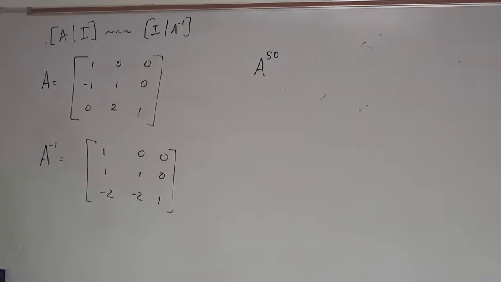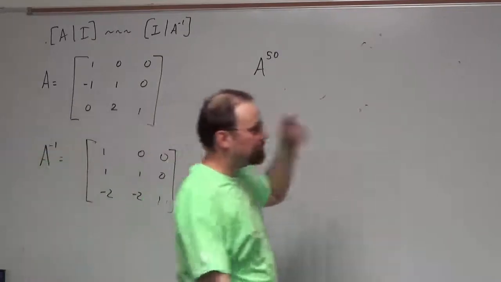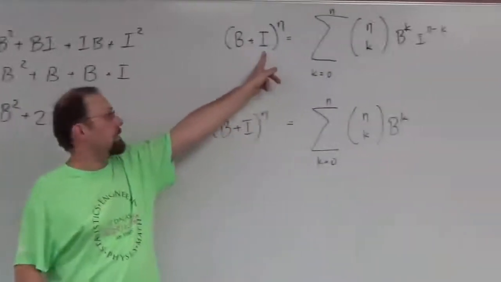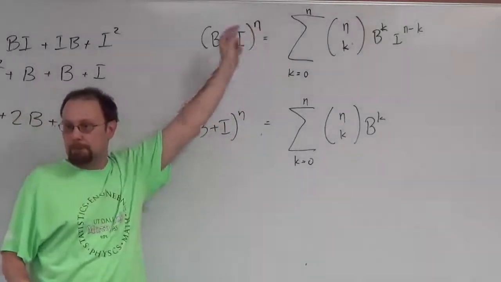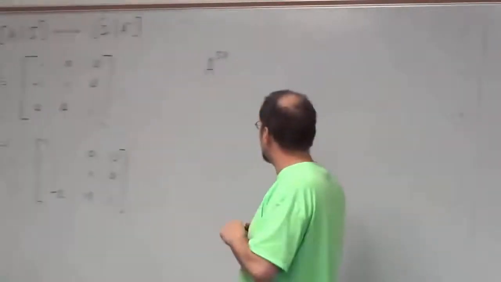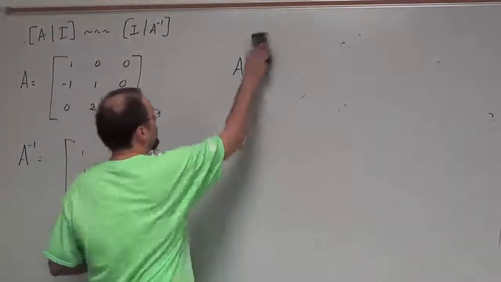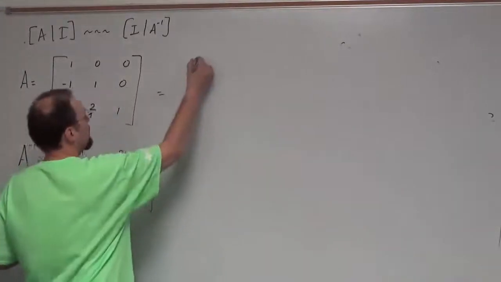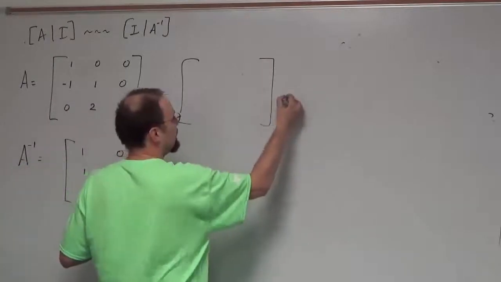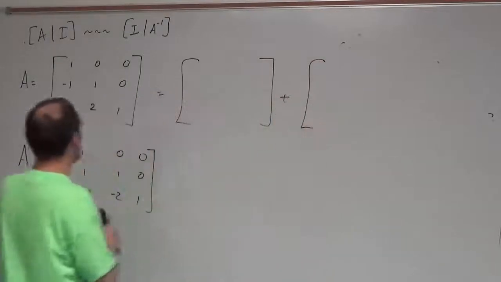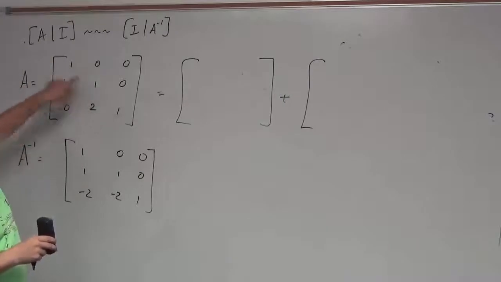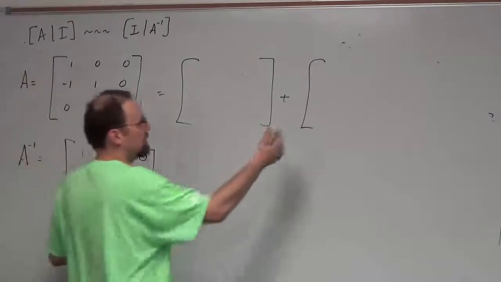Well, we're going to write it like this: B plus I raised to the power N. So if I have A, and I want to write it as a matrix B plus identity, that's pretty simple. I see why the identity works really well there. I mean, we have the ones in the diagonal.